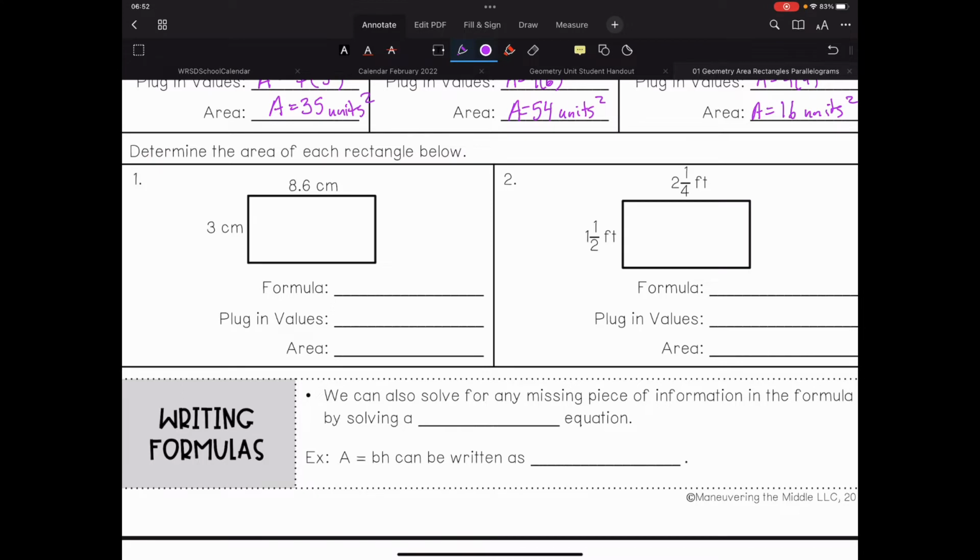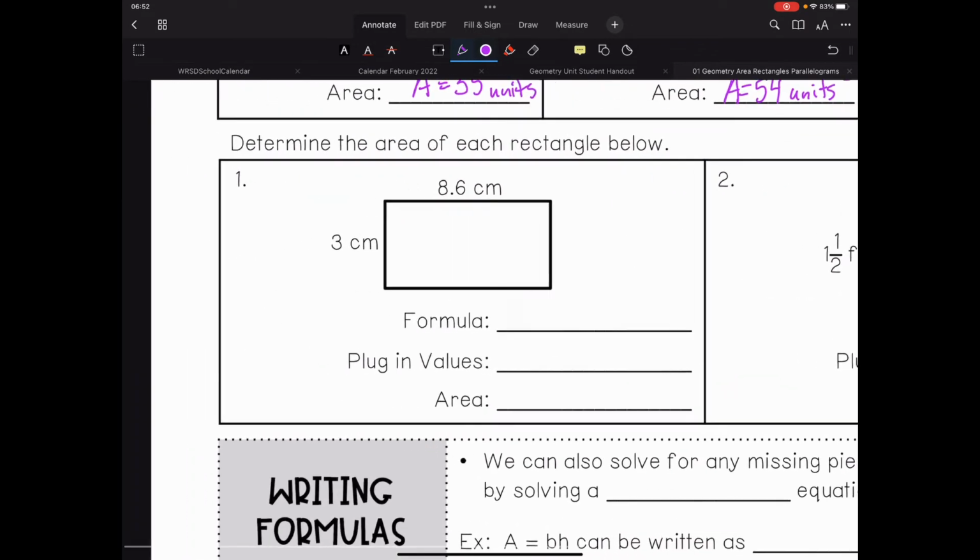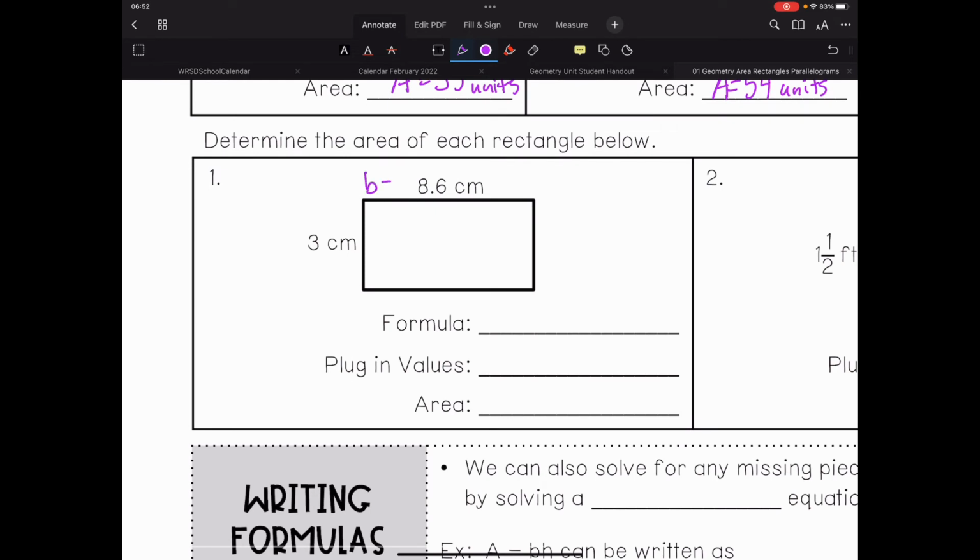In problem number 1, we have a rectangle that has 2 measurements already on there for us. They're labeled. Remember, the longest side is going to be the base. So up on the top here, we have a base that is 8.6 centimeters long. And the other dimension is our height, which is 3 centimeters. So we've got our measurements.